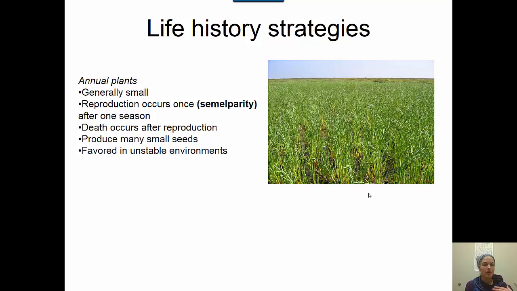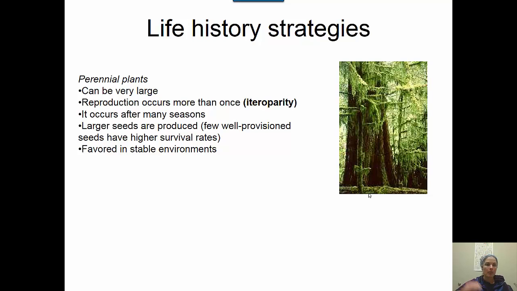So the strategy allows these plants, when the conditions are favorable, to really quickly ramp up their populations through all of this reproduction.